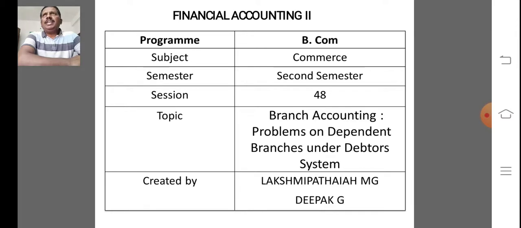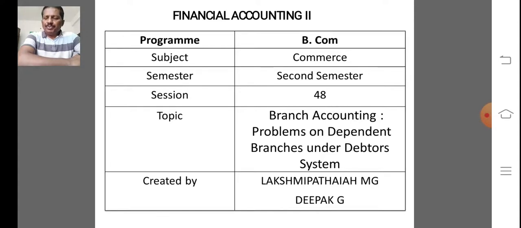For ascertaining any missing information about branch bills receivable, like opening balance of BR, collection from BR, or closing balance of BR, a memorandum bills receivable account must be prepared. For branch bills payable, like opening or payment to bills payable or closing balance of BP, a memorandum bills payable account must be prepared.